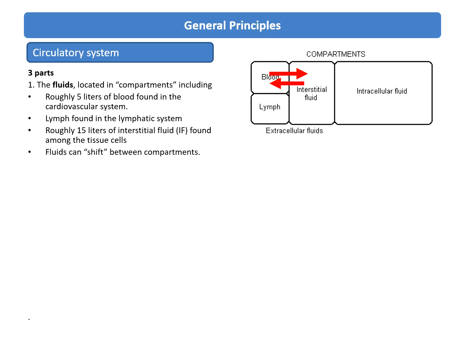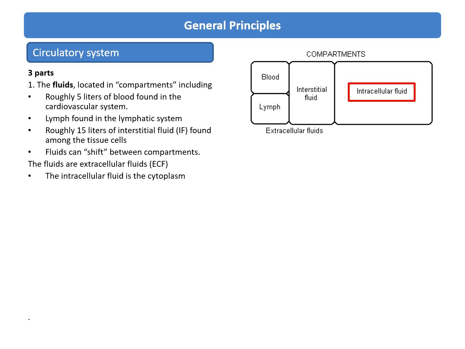The fluids can shift between compartments, as you see by the red arrows. The fluids are extracellular fluids, ECF. As you'll see, they're pretty much identical to one another. The intracellular fluid is the cytoplasm of the cell.